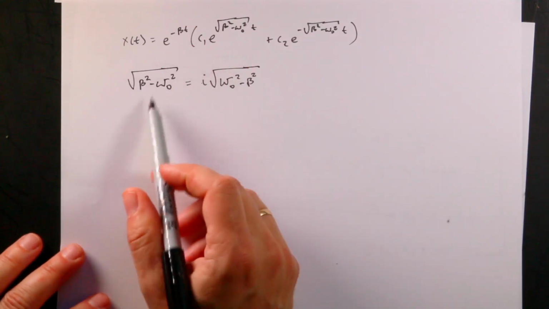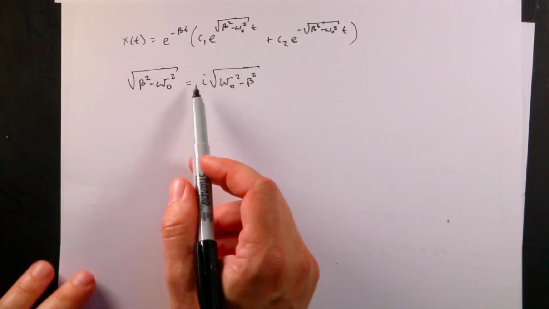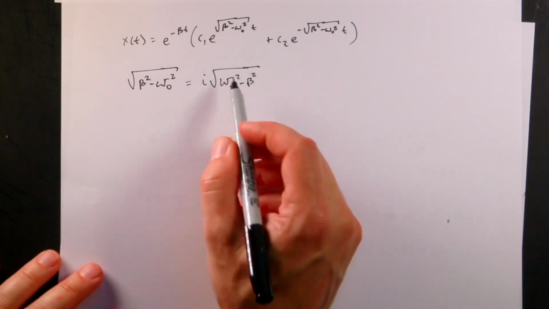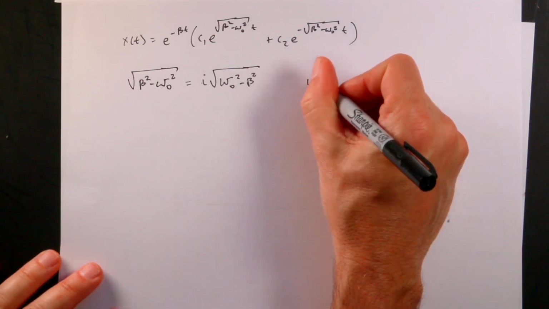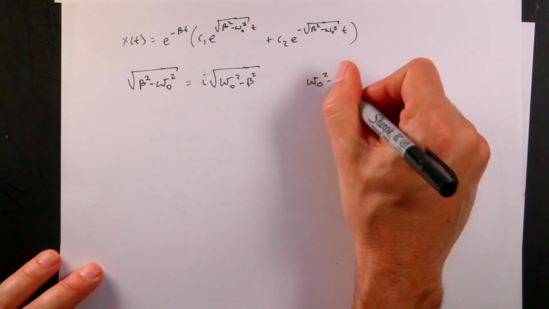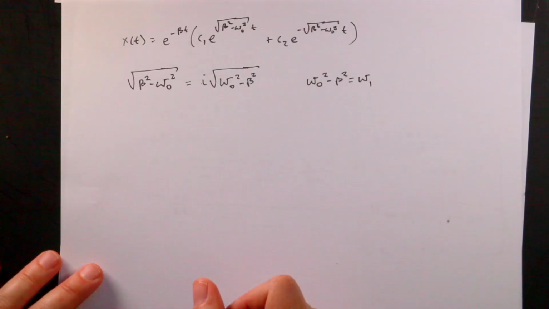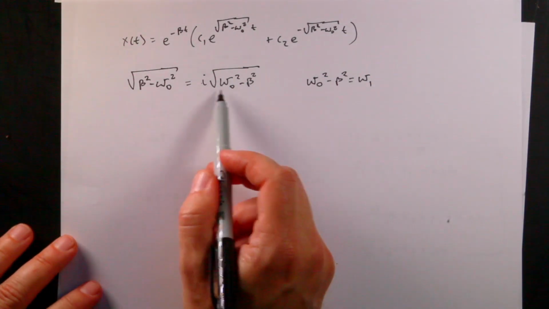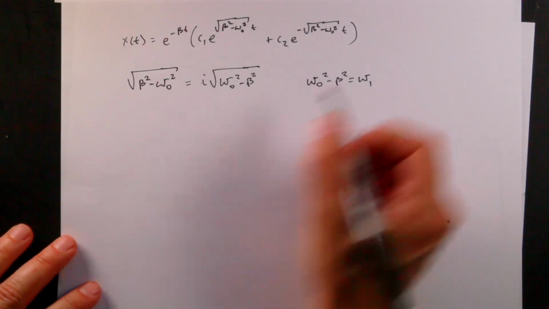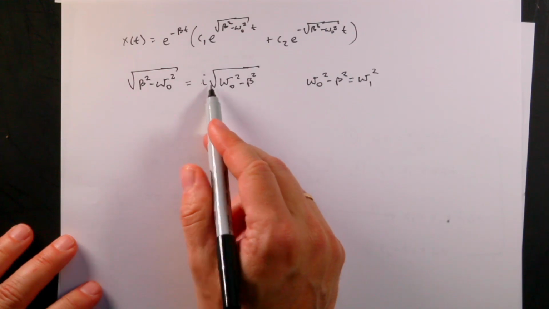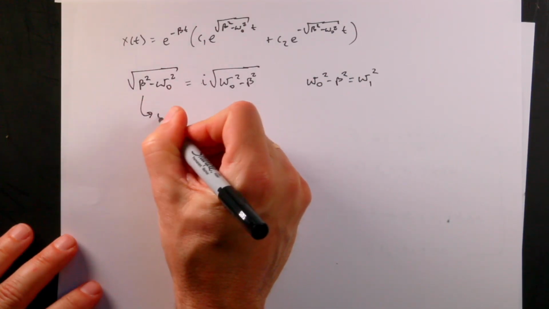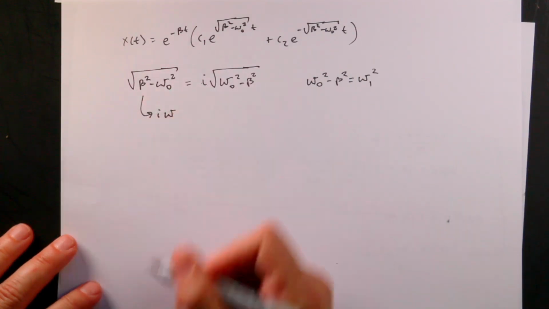Because if I switch the order, I include a minus sign, and I can factor out that minus sign and get an i. Then I'm going to say omega naught squared minus beta squared is equal to some other frequency, omega 1, just to make it easier. So this becomes omega 1 squared, and this whole term becomes i omega 1.